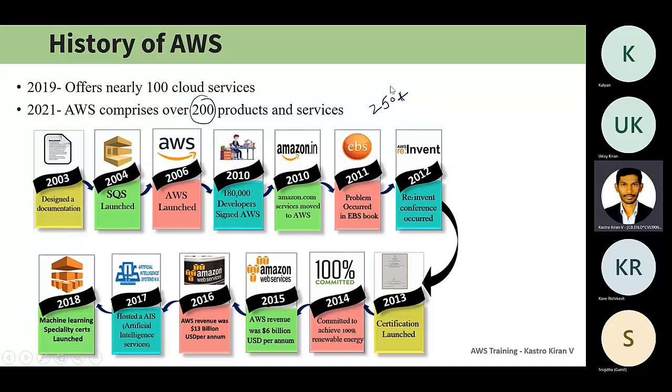That shows you the range of services provided by AWS: EC2, S3, Simple Notification Service, Simple Queue Service, and many more, and that's where it is gaining popularity. So this is, in simple terms, the history of AWS.